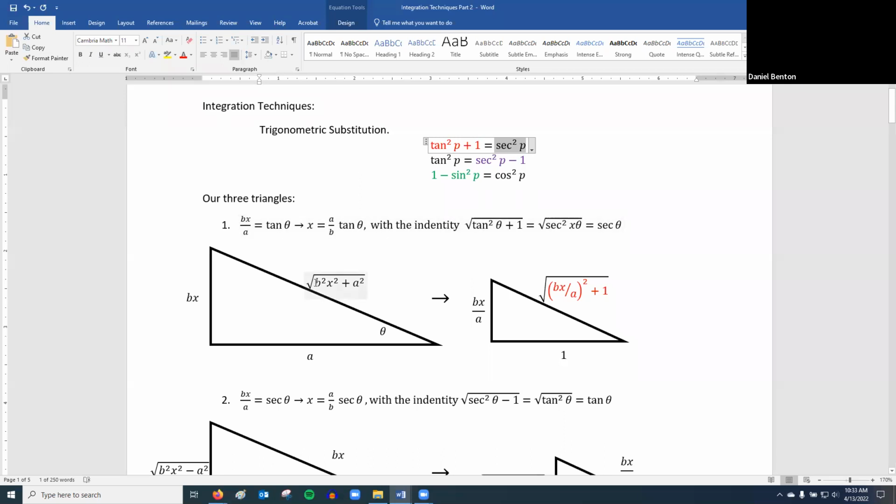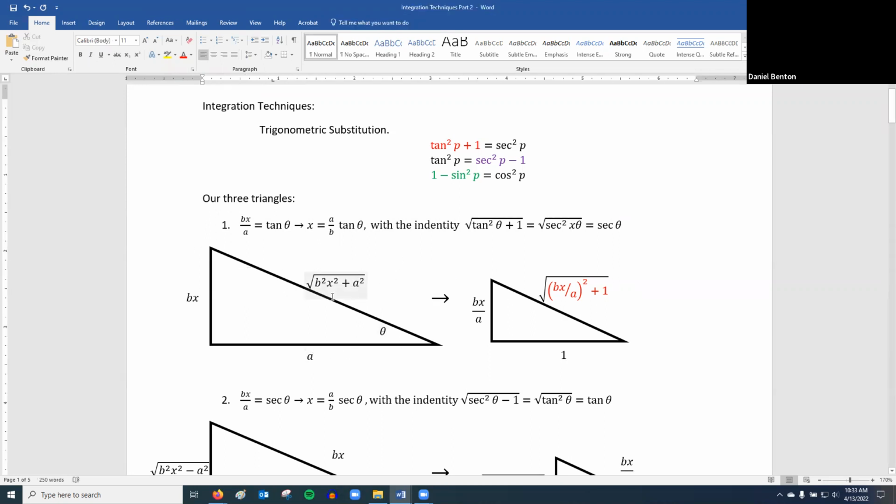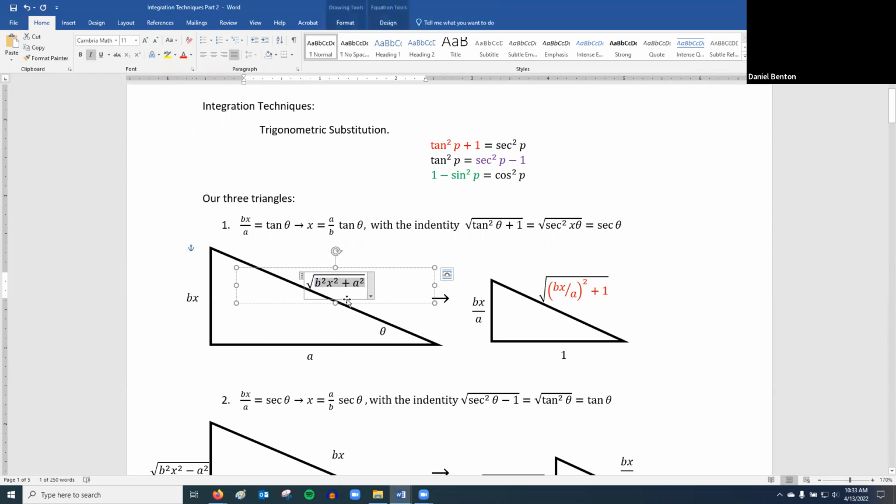So if we have the square root of bx squared plus a squared, right? We can rewrite this by dividing by all the sides of our triangle. This is our triangle, right? If we have bx squared plus a squared, that's the hypotenuse for the triangle that has bx over here and a over here, right?